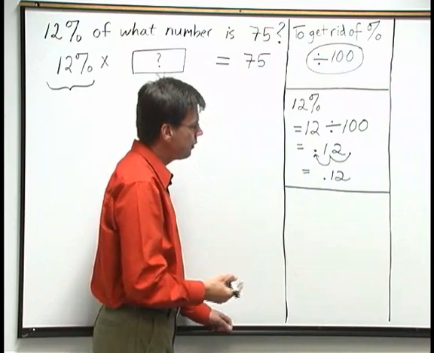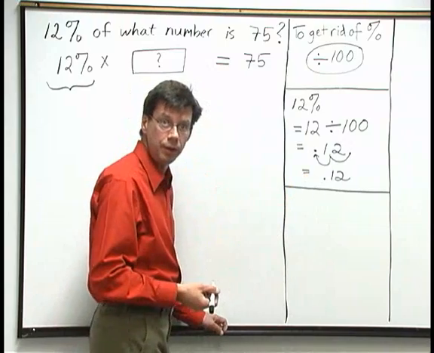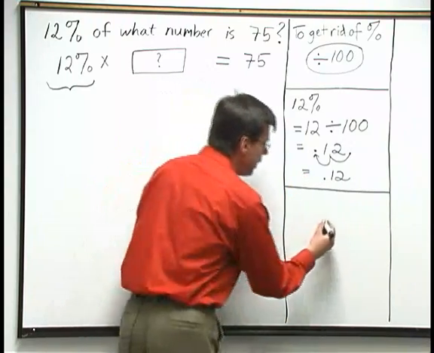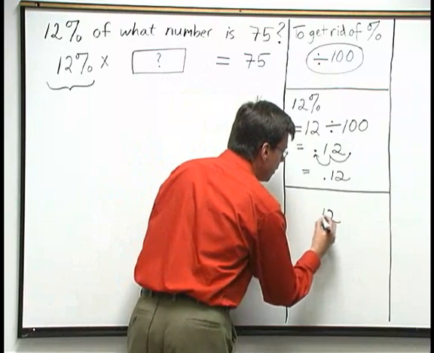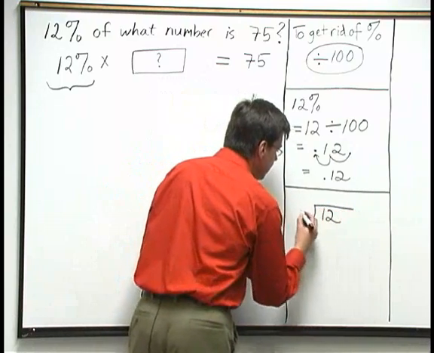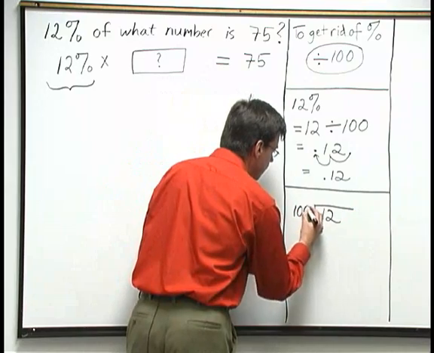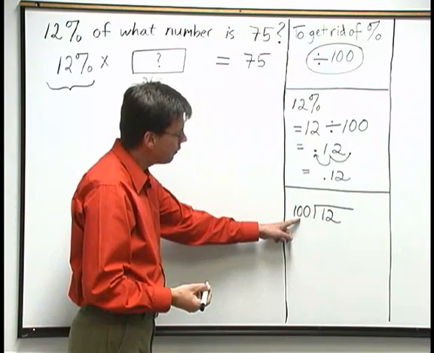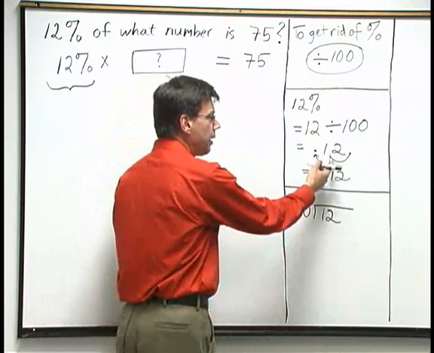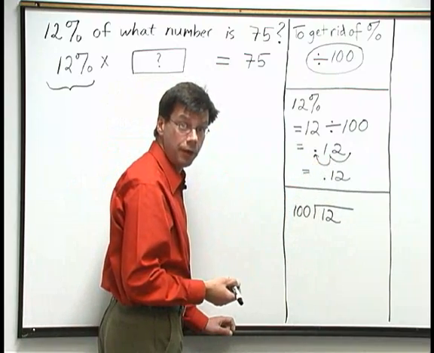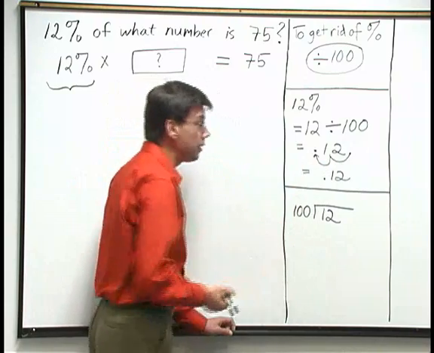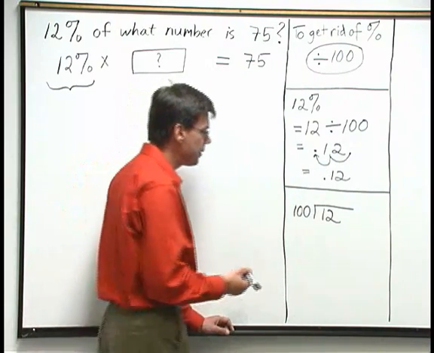Another way I could obtain 0.12 here is to do decimal long division. I could take the number 12 and divide by 100 like so. You can use long division if you forget the shortcut or if you forget which way to move the decimal point in the shortcut. So let's go through the long division and see what happens here.